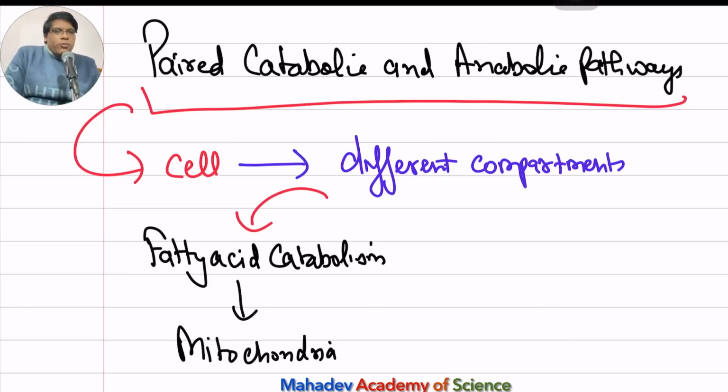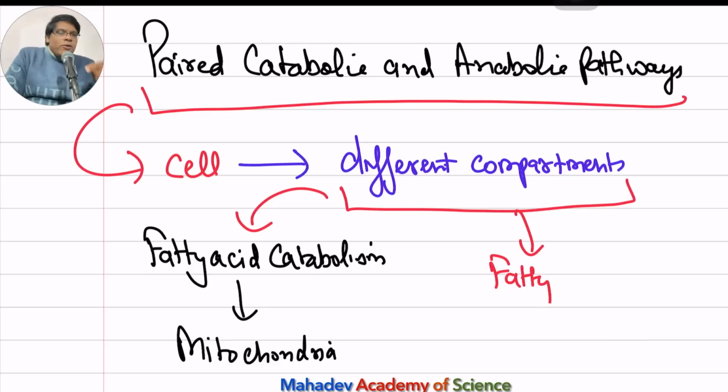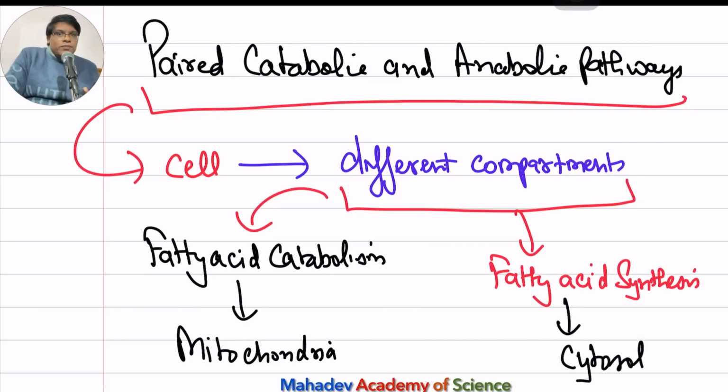Fatty acid catabolism occurs in mitochondria, while fatty acid synthesis occurs in cytosol. So both of the pathways occur in different compartments. In that situation, the cell can easily control, based on its needs, whether there is a need for catabolic pathways or for synthesis pathways.